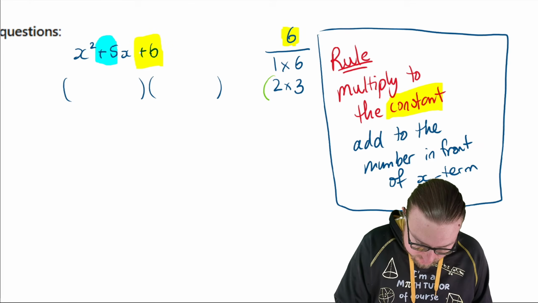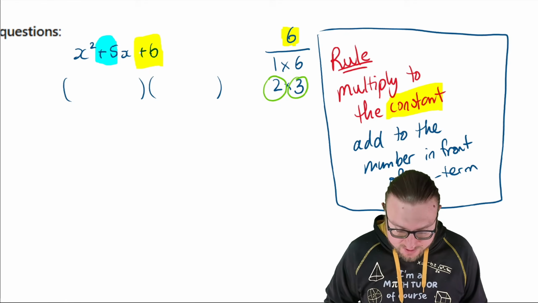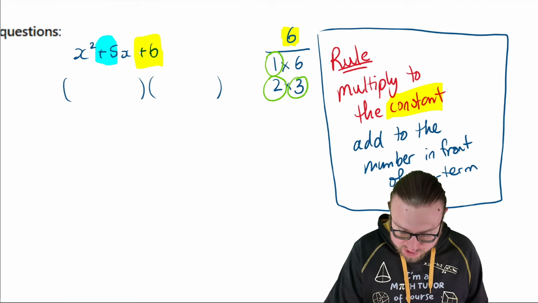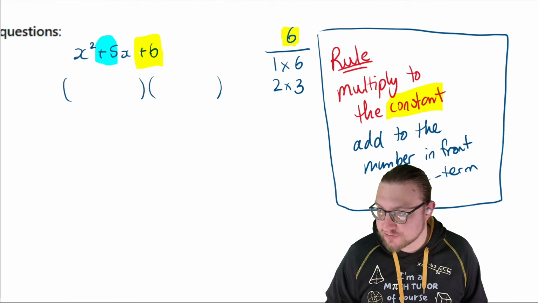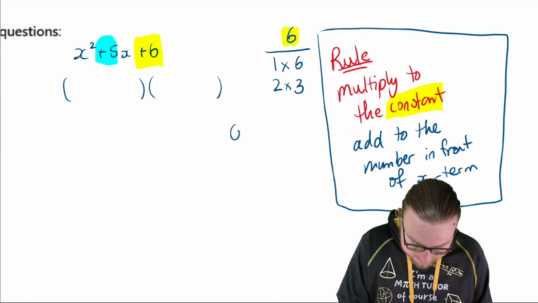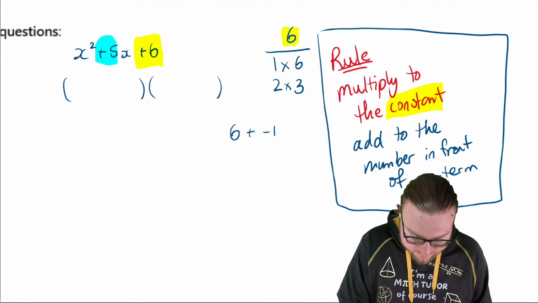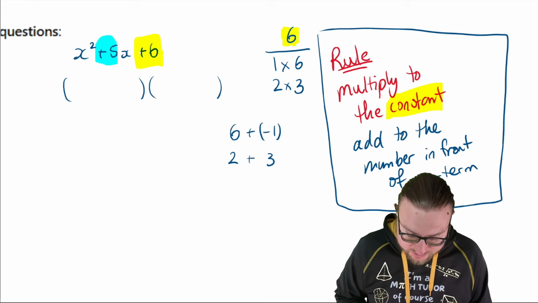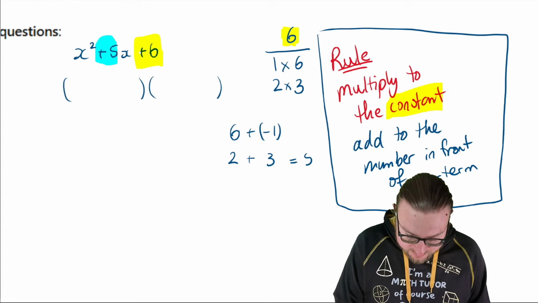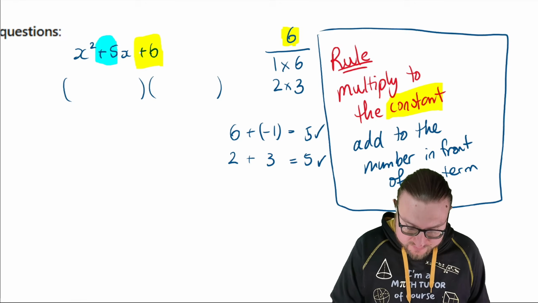Okay, so which one of those add to 5? Well, that is going to be 2 and 3. That works. But also 1 and 6, because we can choose to have either of those positives and negatives. So there's 2 options here. We can have 6 and -1, or we can have +2 and +3. If we're adding 2 and 3, that gives 5. And if we're adding these 2, that also gives us 5.